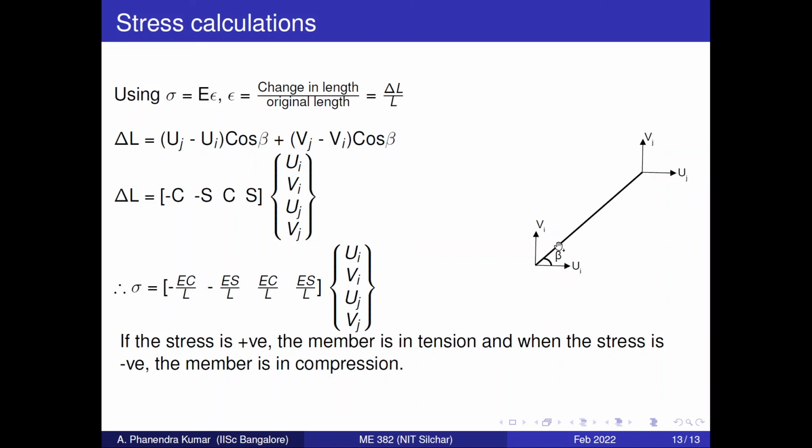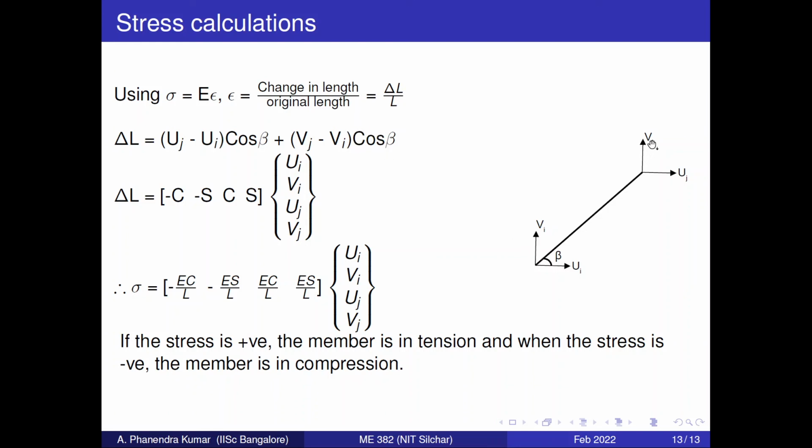So once you resolve along the member, this is Ui cos beta and Uj cos beta. So what's the net change? Uj minus Ui times cos beta. Similarly, resolve the y components also. Vj and Vi. Sorry, you need to change this part also. I think this is not cos, this is sin.